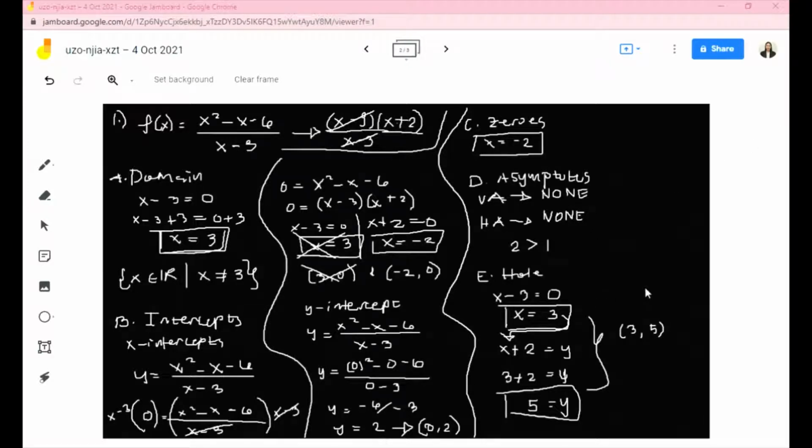It's more of a linear one. Why? Because if we factor out the numerator and cancel x minus 3, we're left with x plus 2, and that is a linear function.